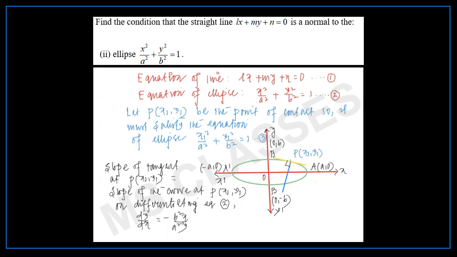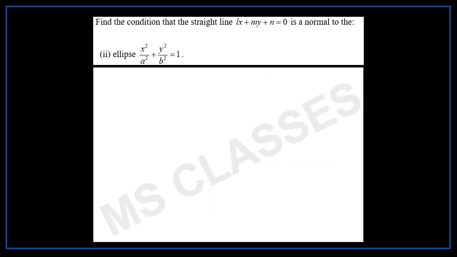So we can say here, therefore dy/dx at x1 y1 will be minus b square x1 by a square y1, and therefore the slope of the normal line equals minus 1 by dy/dx at x1 y1. Now on simplification, we get this as a square y1 by b square x1.